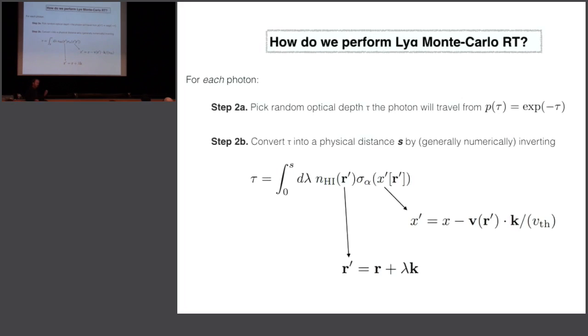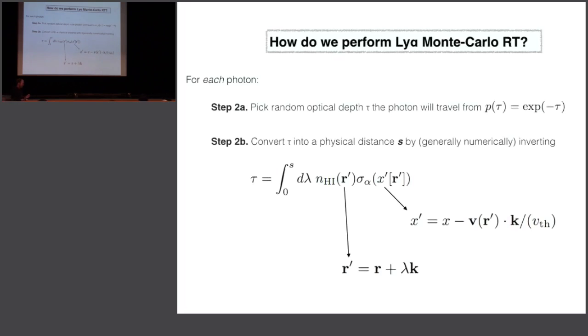Now once we know tau, we can convert it into a physical distance by stepping through your scattering medium and seeing at each step how much additional opacity I add, right? So you generally solve this numerically. In each step you have a number density of hydrogen atoms, and you check locally what the gas is doing, what velocity it has, because the local gas velocity will modify the apparent frequency of the photon in the frame of that gas.